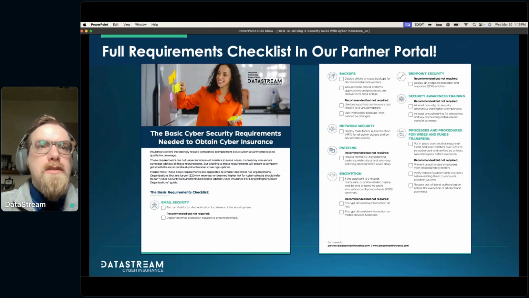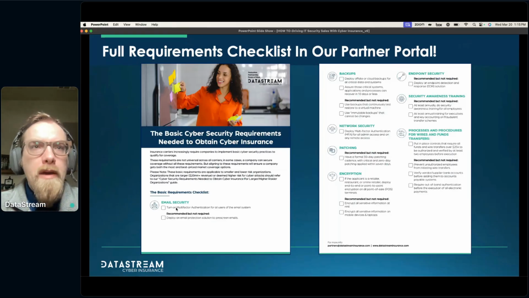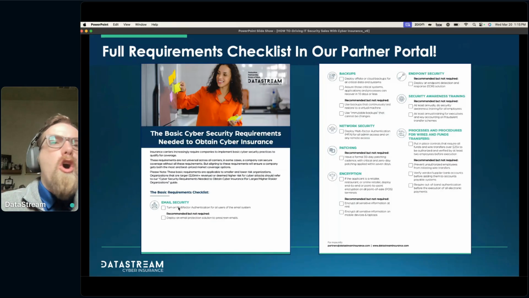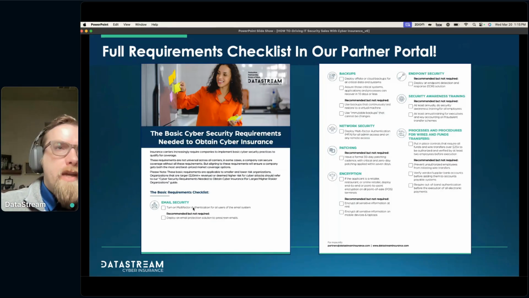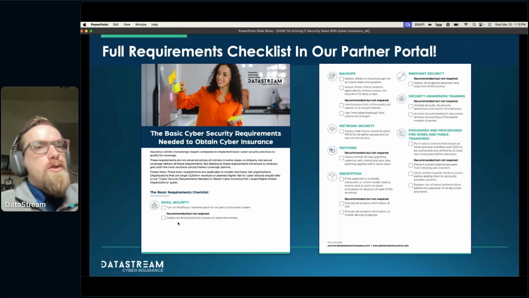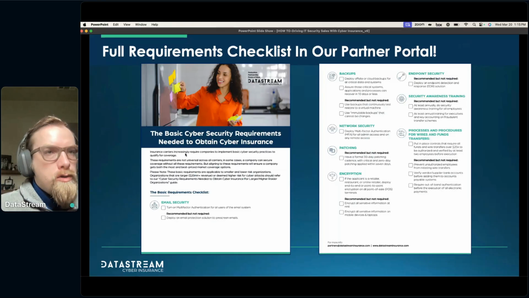A good example I like to touch on is MFA, right? Turning on MFA is virtually a hard requirement across the board for all of the carriers. So that box is really going to need to be checked in order to even start obtaining quotes. Now, in order to unlock the door to those better carriers, the gold star ones, you're also going to need to deploy an email protection solution.